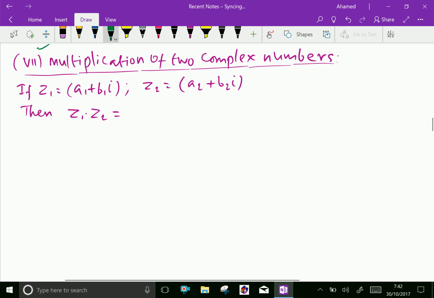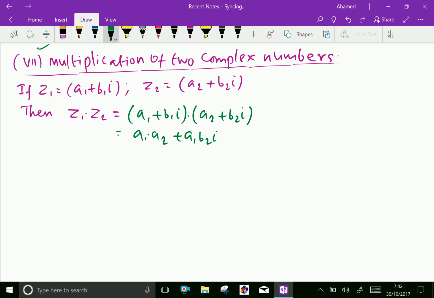Next one, multiplication of two complex numbers. If z1 equals a1 plus b1i and z2 equals a2 plus b2i, then z1 into z2 equals a1 plus b1i into a2 plus b2i. Then multiplication of a1 into a2 is a1 a2 and a1 b2i plus b1 a2i plus b1 b2 i squared.